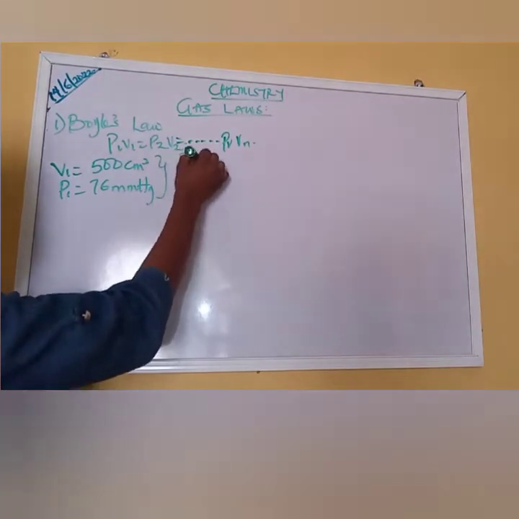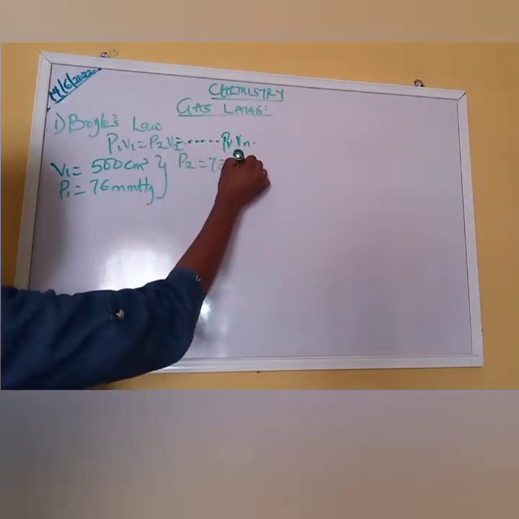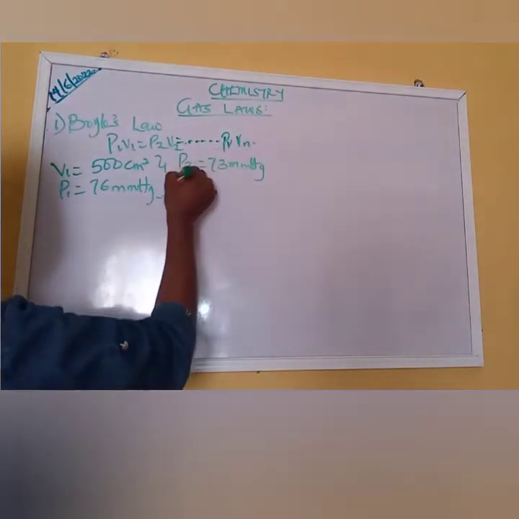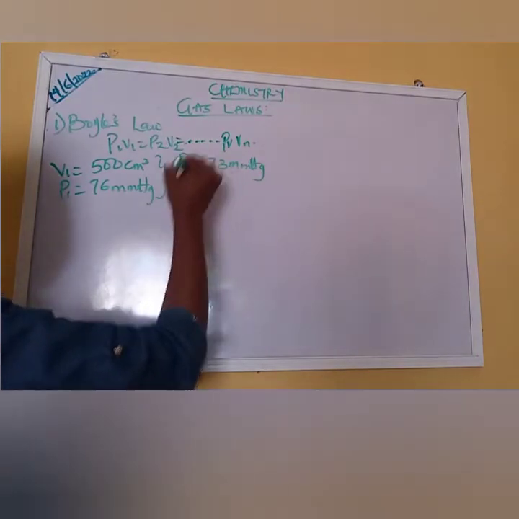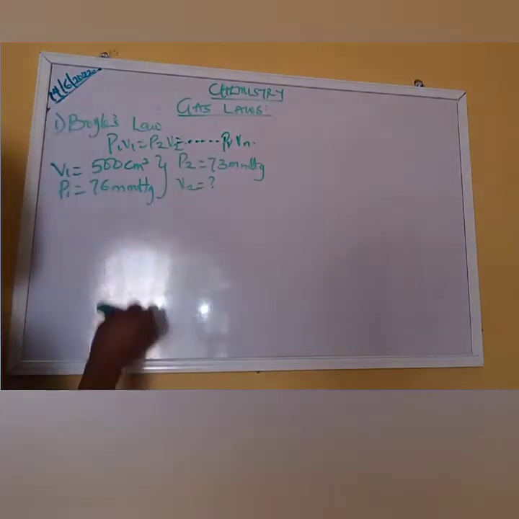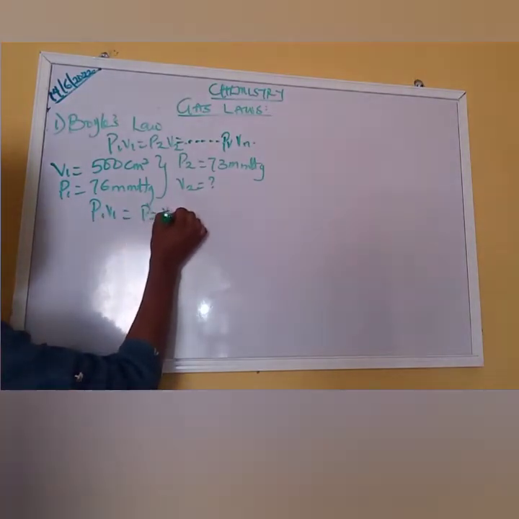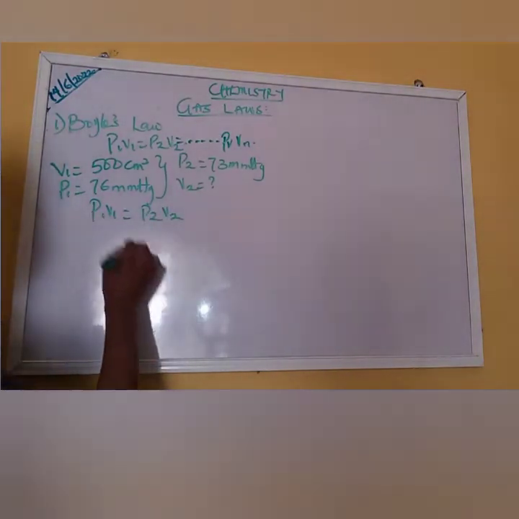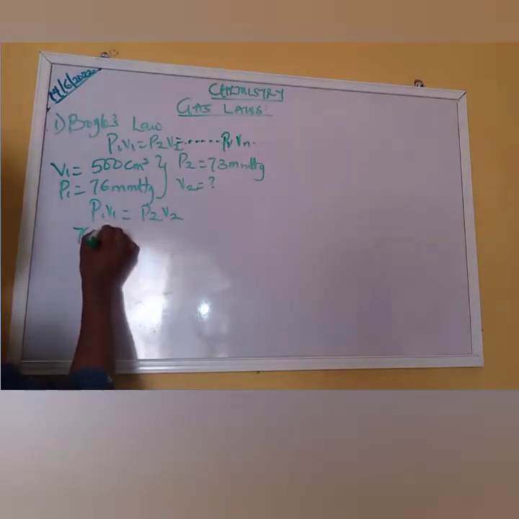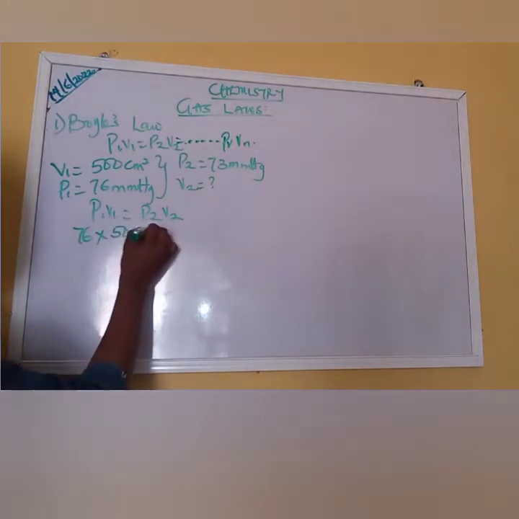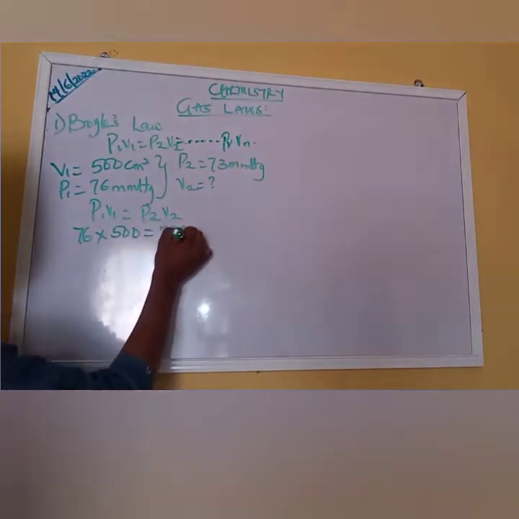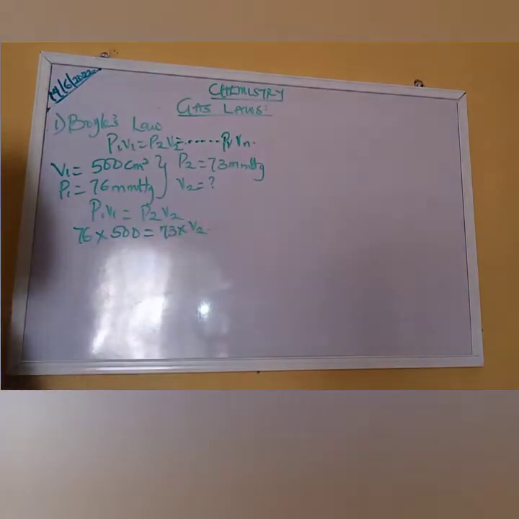The second pressure is 73, which gives me my P2, while my V2 is unknown. Using this formula, P1V1 equals P2V2, I have 76 times 500 equals 73 times V2.